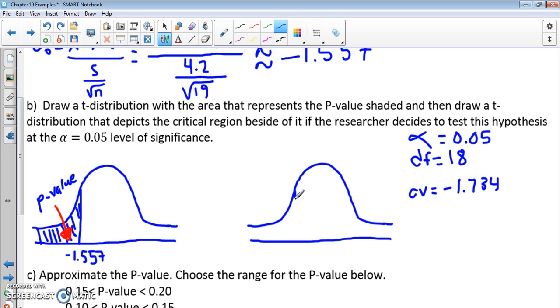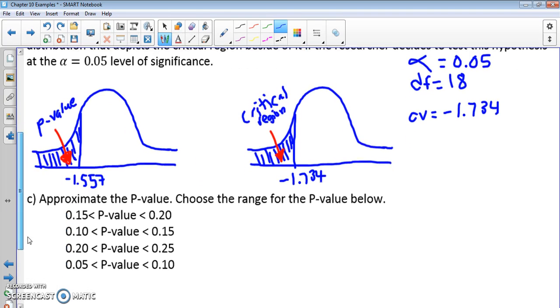So just a little bit further over, this is my critical region here. This is the critical region. So we can see our test statistic and critical value are pretty close together.